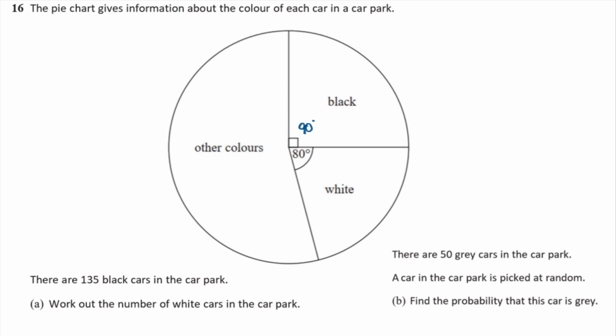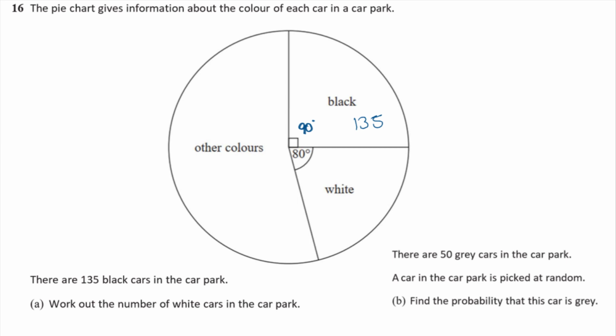Okay. Now there are 135 black cars in the car park, so this black section is equal to 135 cars. So then we need to work out the number of white cars in the car park. Well, if you have a look at the black section, that is 1/4 of the circle, isn't it?